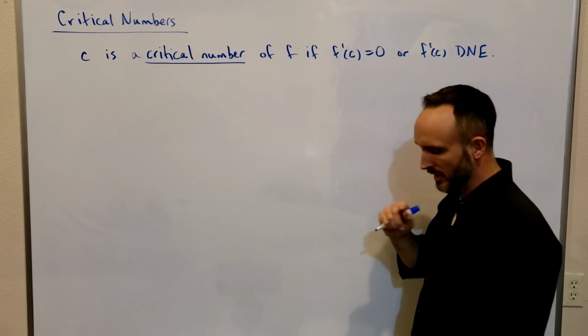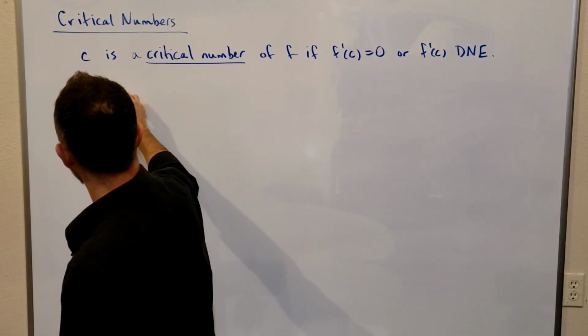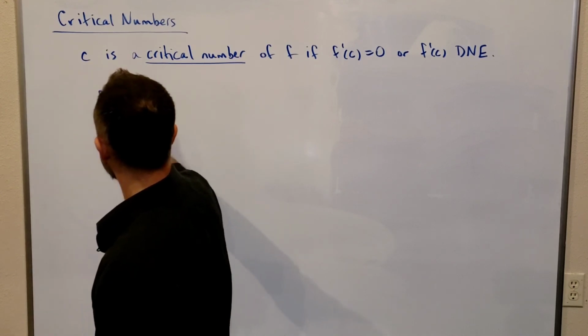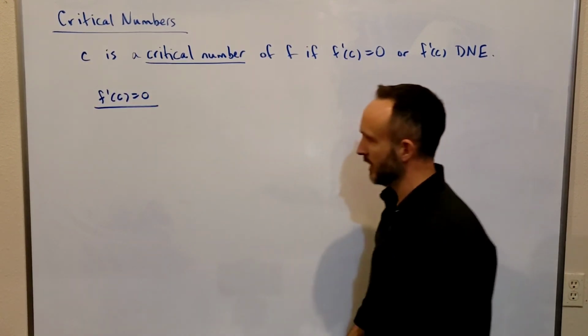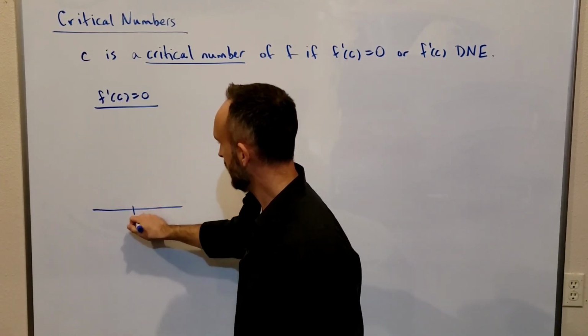So if we're looking at f prime of C equaling 0, let's visualize kind of what that looks like. So let's say that C is right here.